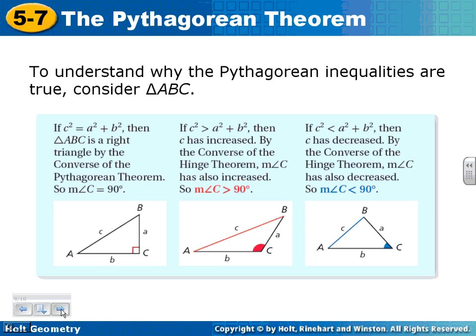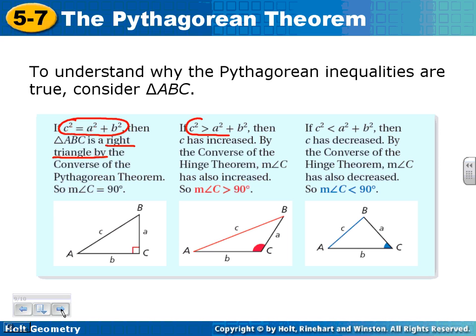Well, here's the same thing. To understand why the Pythagorean inequalities are true, consider triangle ABC. See, if c squared equals a squared plus b squared, we have a right triangle. That's the Pythagorean theorem.